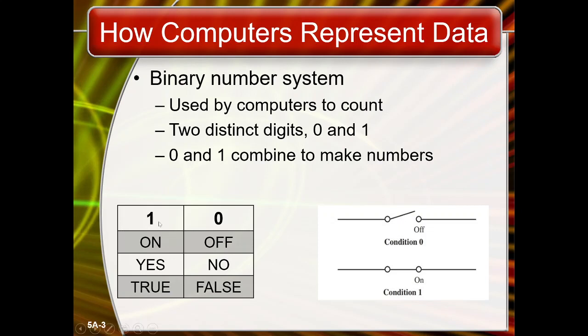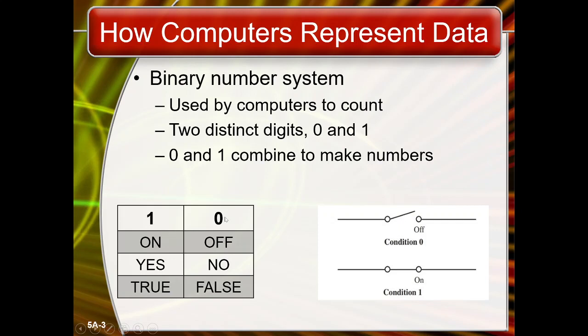Please keep in mind, if we consider the digit 1 as a state of on, or a state of yes, or a state of true, this is one state. The other state is 0.